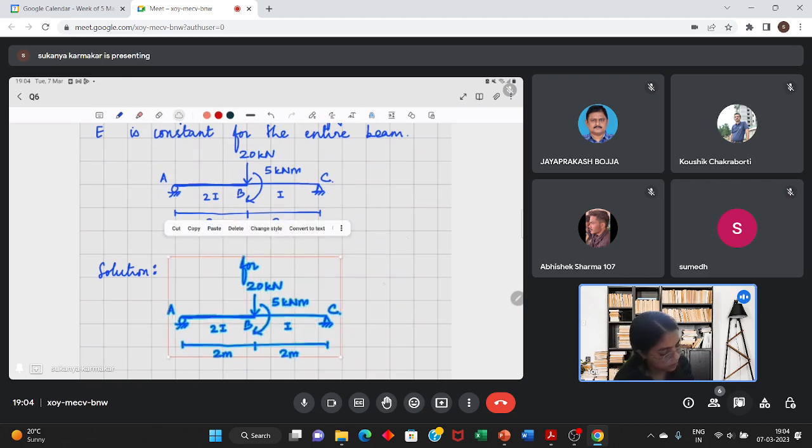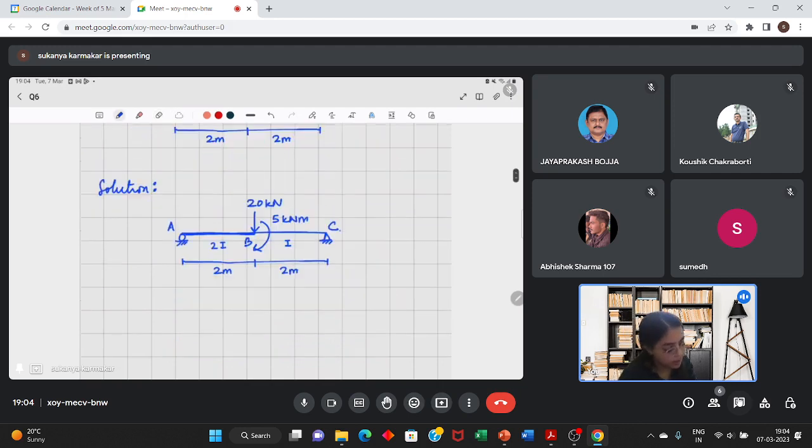So this is the structure. I will break it into two.